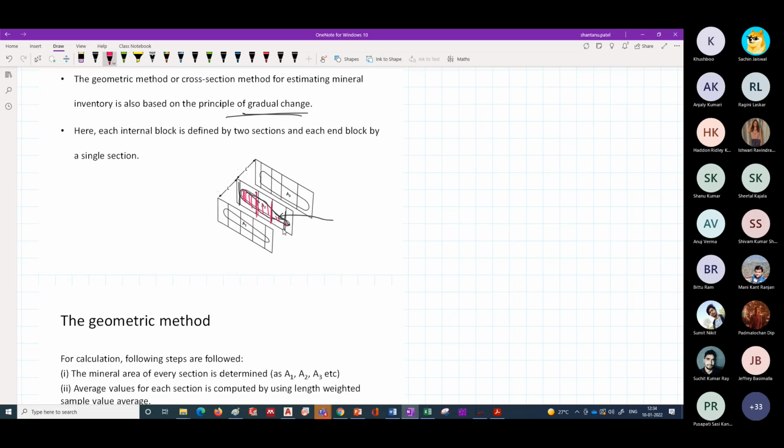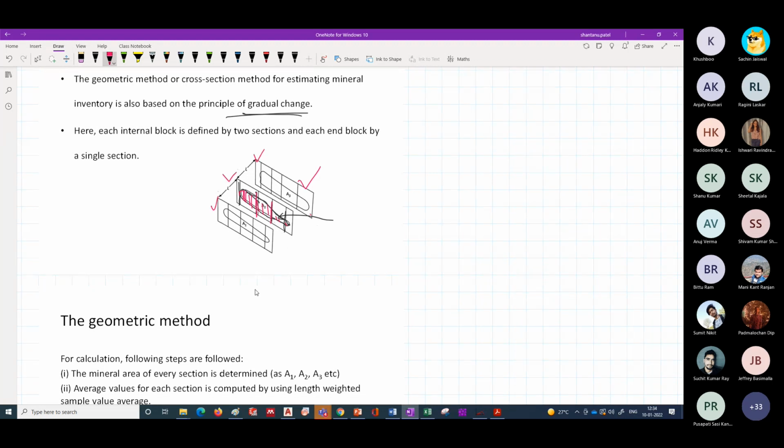Let's say you have your areas A1, A2, and A3 here. We need to apply some concept to get the area from these boreholes. For that we'll be talking about kriging and the geostatistical methods.